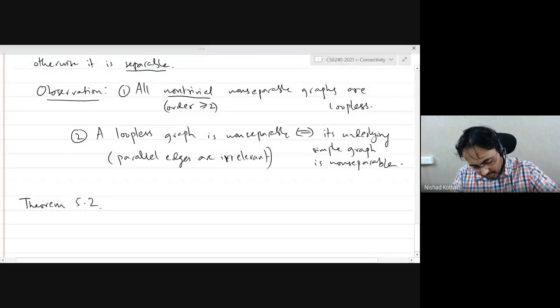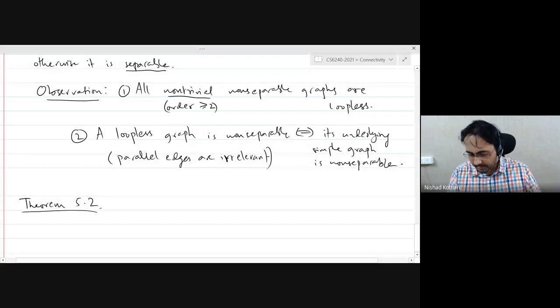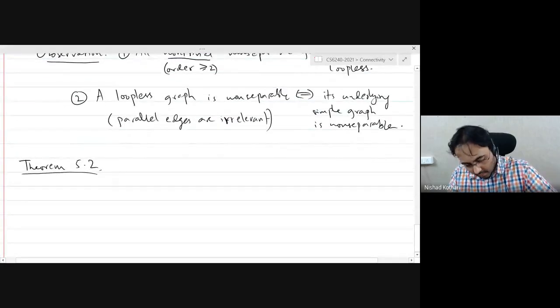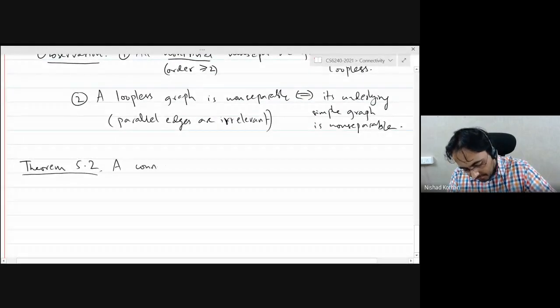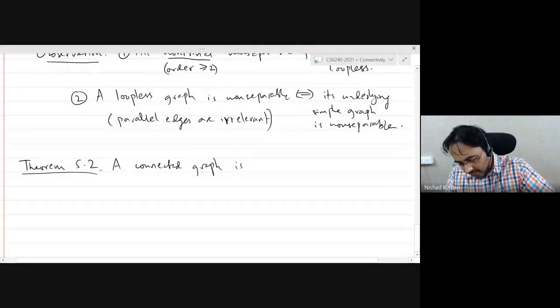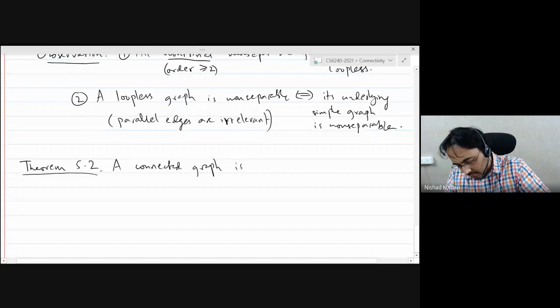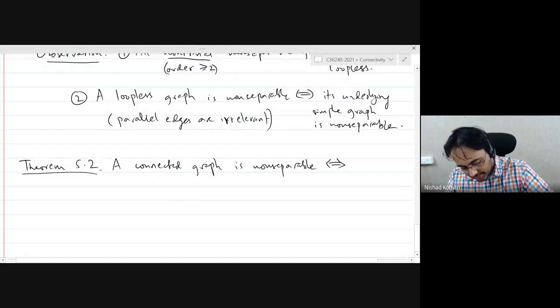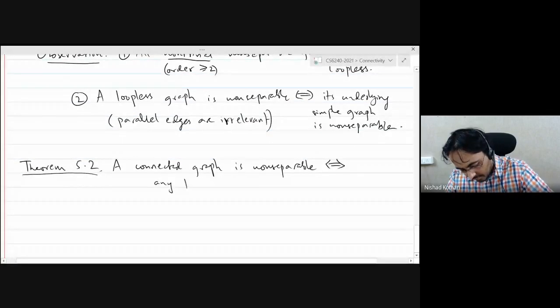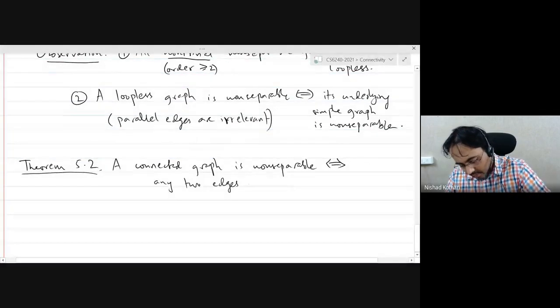So that brings us to our second theorem. A connected graph is non-separable if and only if any two of its edges participate in a common cycle.